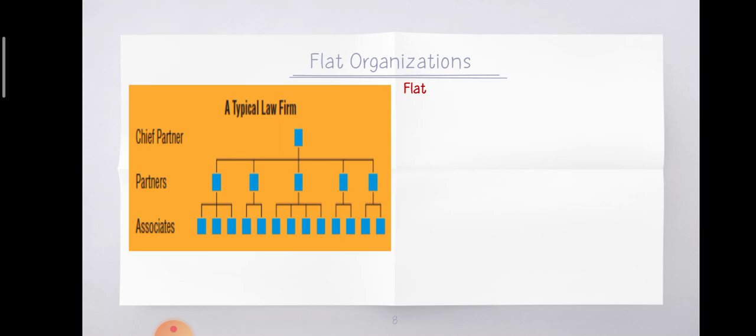Okay, when we say flat organizations, they are a set of independent small businesses. When we say independent, they can manage their own business unit and solve their own problem.